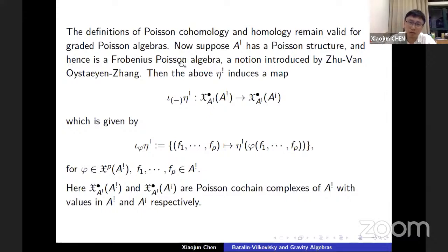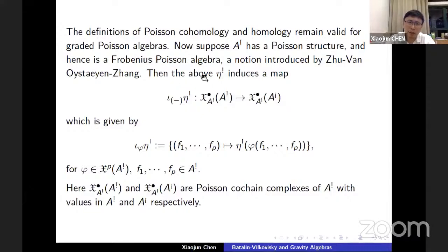Then it forms a Frobenius Poisson algebra. Well, here by Frobenius Poisson algebra, I mean this algebra is Frobenius, which means it has a non-degenerate pairing, but it is not necessarily compatible with the Poisson structure. So this is a notion introduced by Zhu, Wang, Oysterjan, and Zhang about more than 10 years ago.